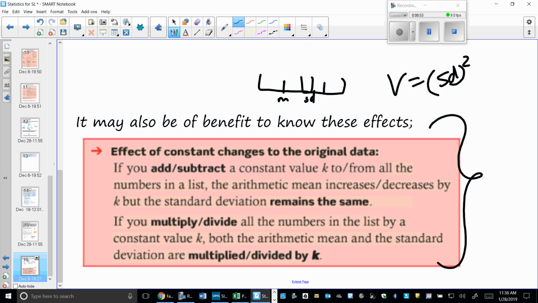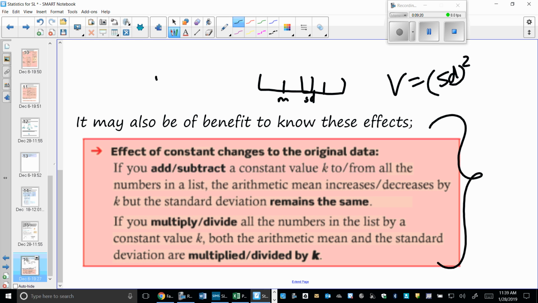If you go through the second way again, if you multiply every value, then your mean is going to be changed, obviously, but your standard deviation would also be changed, because everything is being multiplied by something, so you're making the spread bigger as well.